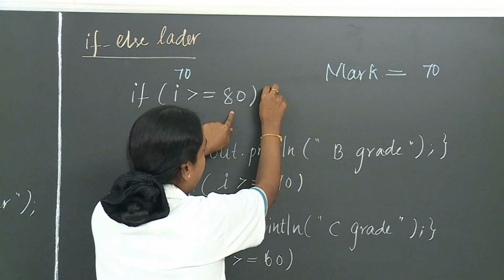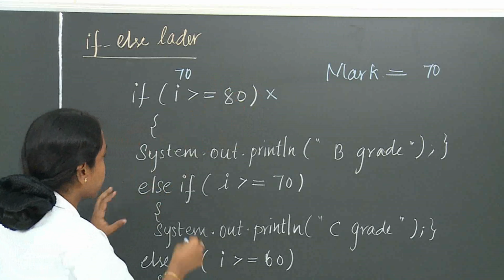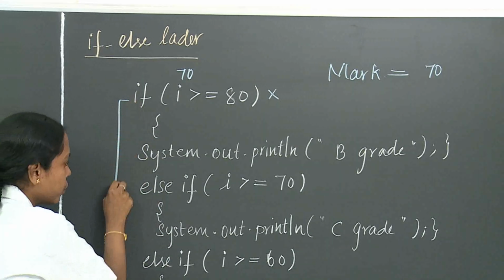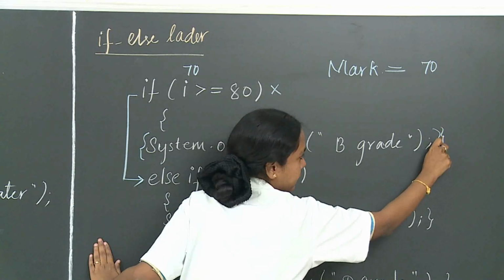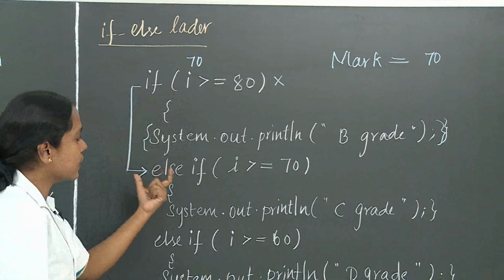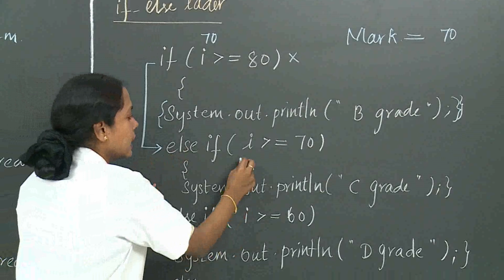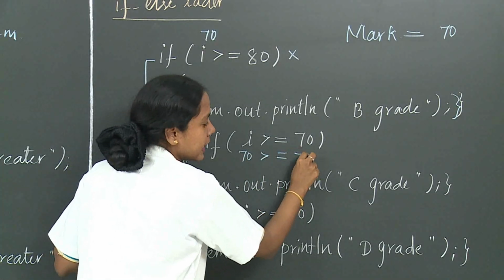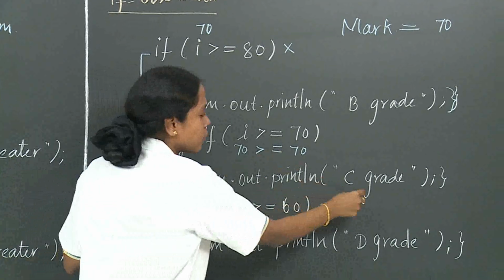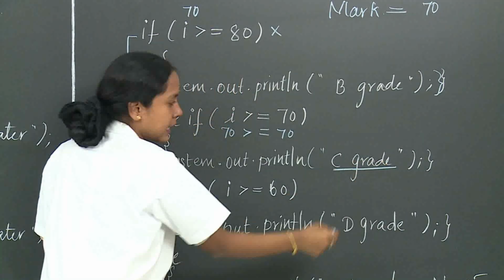No, the condition is false. If the condition is false, this statement will not execute, and it will move to the next else statement. Is 70 greater than or equal to 70? Yes, this condition is true, so it will print C grade.